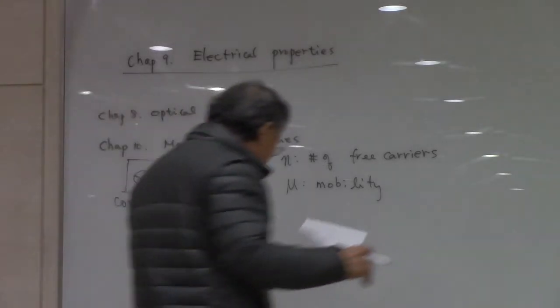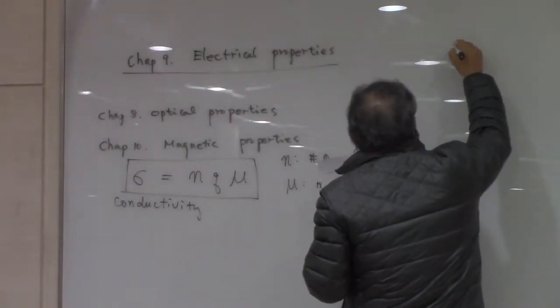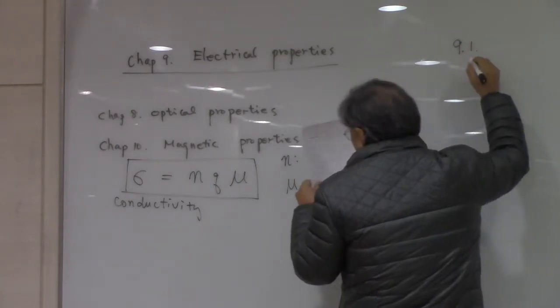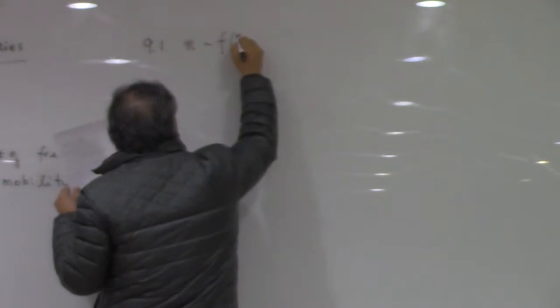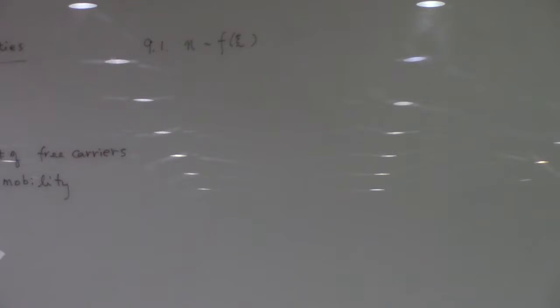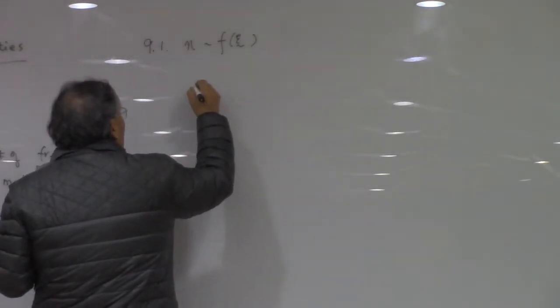So we are going to talk about 9.1, the effect of electric field applied to the solid on the number of free carriers. And then we are going to talk about the electric field effect on the mobilities.